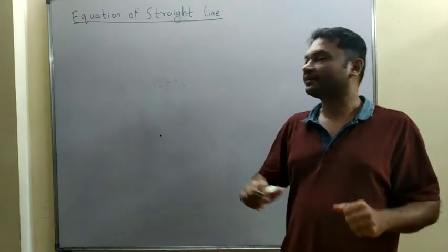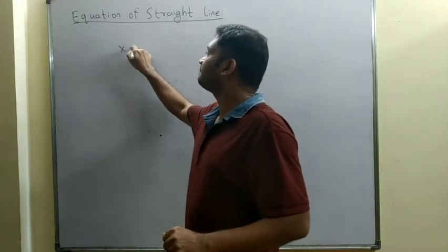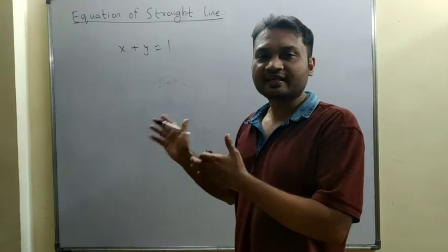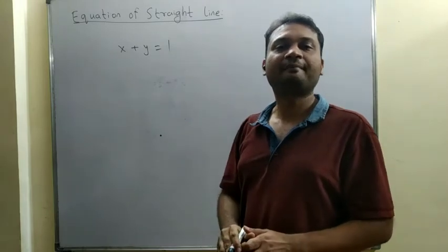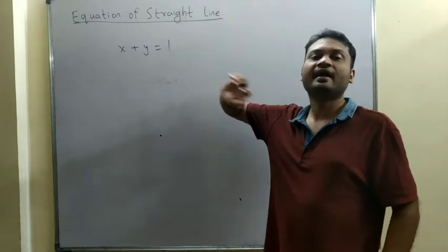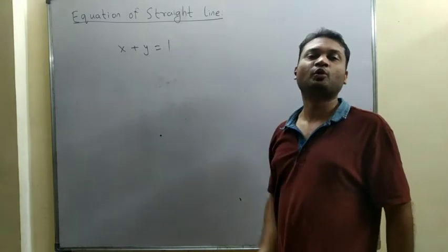An equation, let us say x plus y is equal to 1. So this equation will be satisfied by all the points lying on this line x plus y is equal to 1.